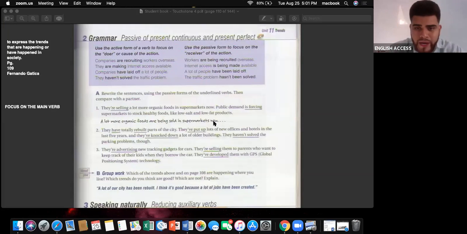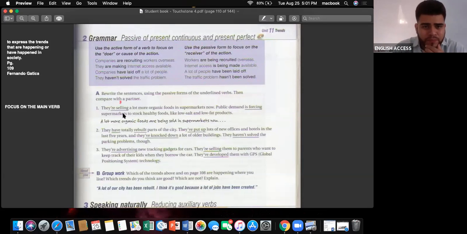Only focus on the main verb, which is usually the first verb or the first verb after the auxiliary. Let's take a look at number 1. The main verb is selling, right? And the auxiliary is are selling. So that is our main verb.